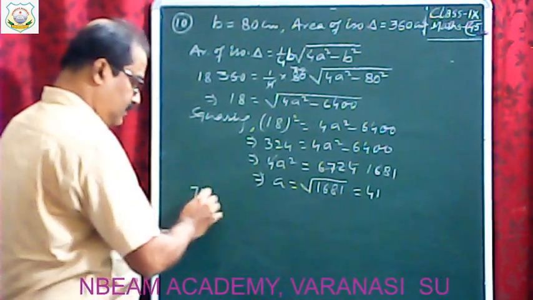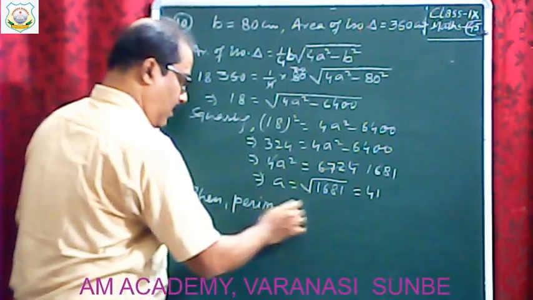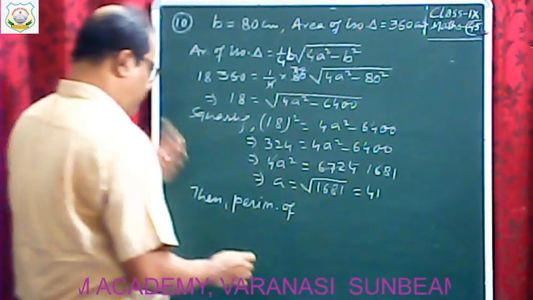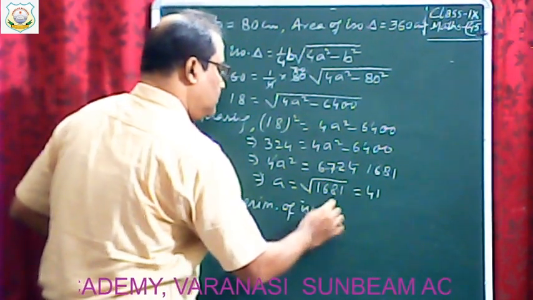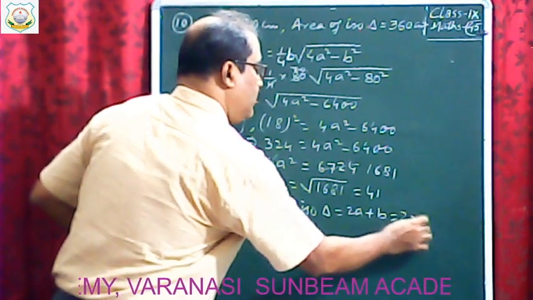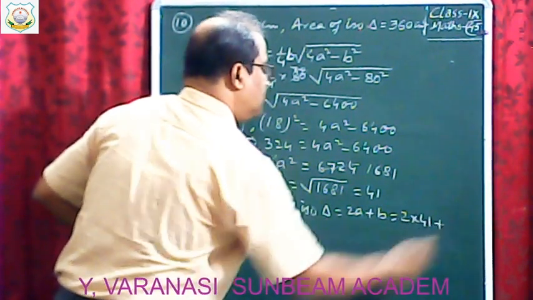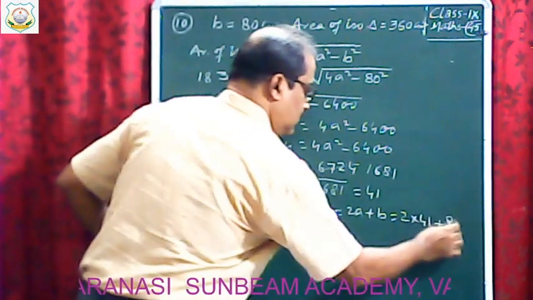So then perimeter of the isosceles triangle is 2a plus b, 2 into 41 plus b, which is written as 80.